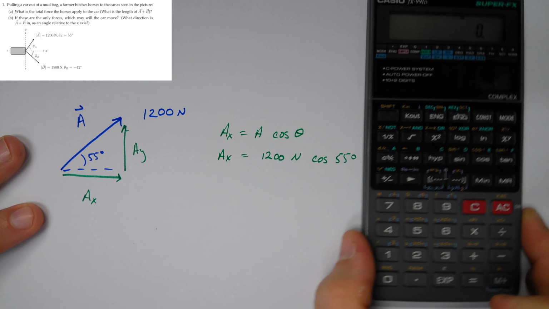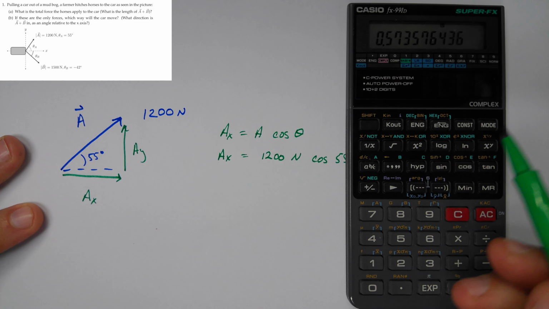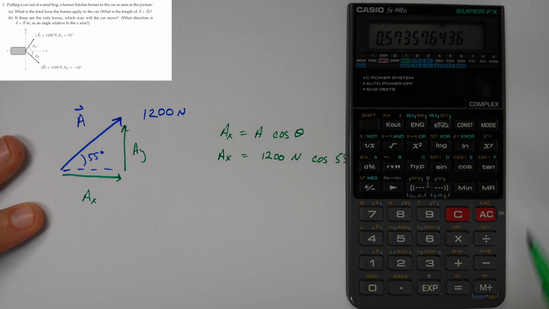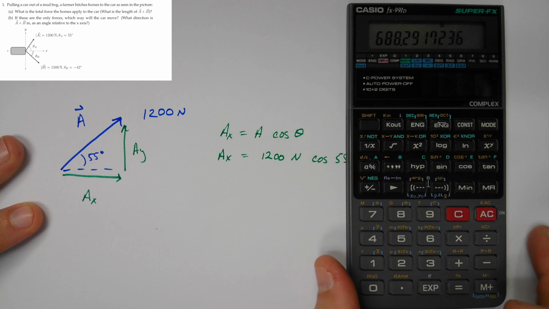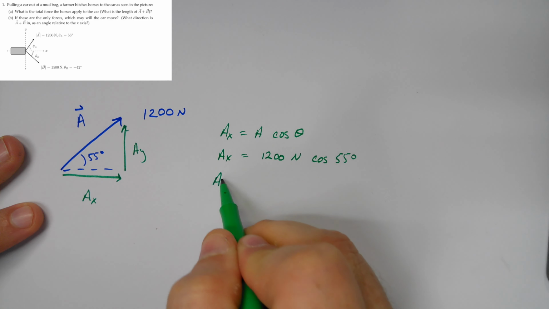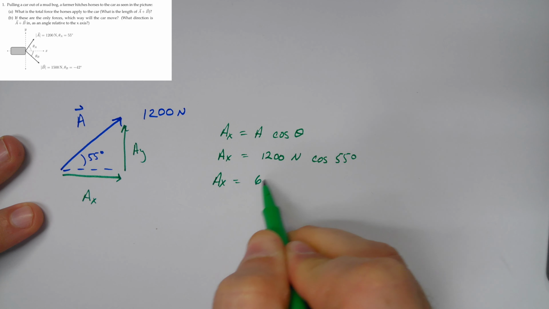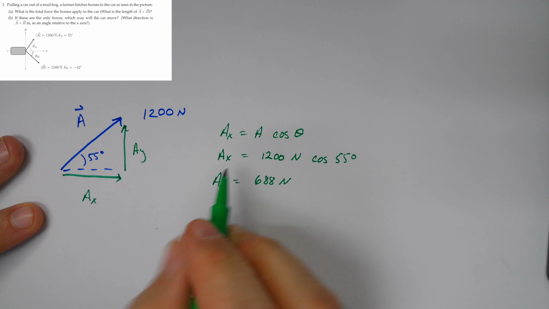Bring in our calculator. Right, 55 cosine. We're in degree mode, so we get something reasonable. We multiply by 1200, and we get 688. So that's the x part.